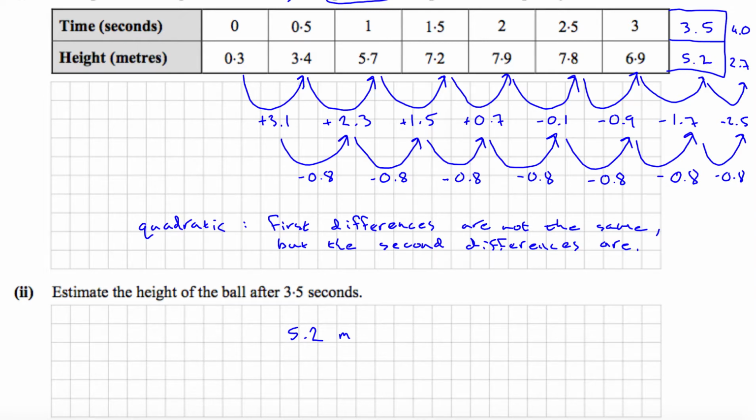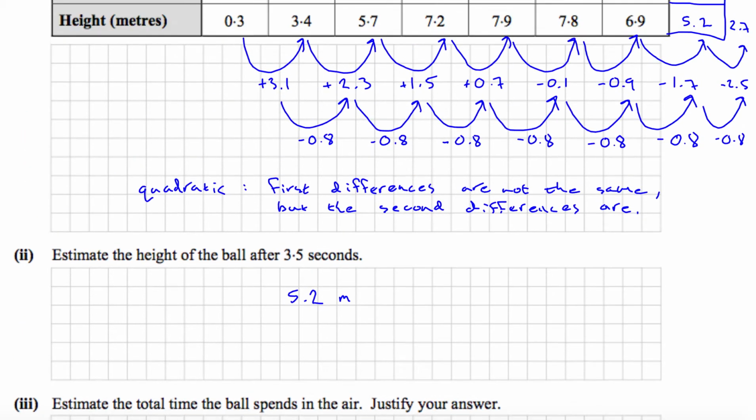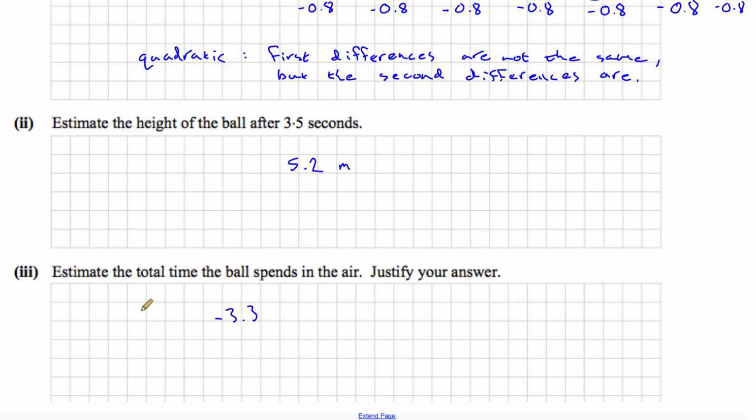And if we go another time, then another minus 0.8 from minus 2.5 would give me minus 3.3, and then if we go minus 3.3 from 2.7, that gives us a value of minus 0.6.